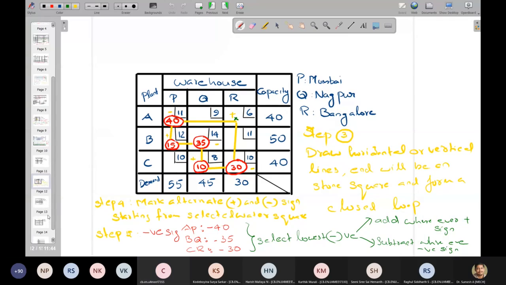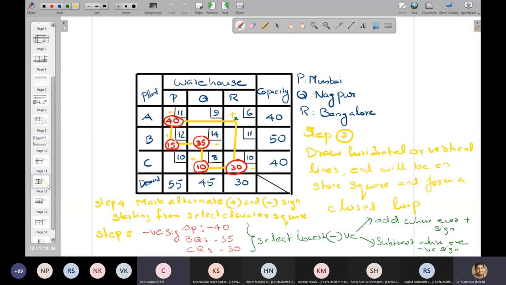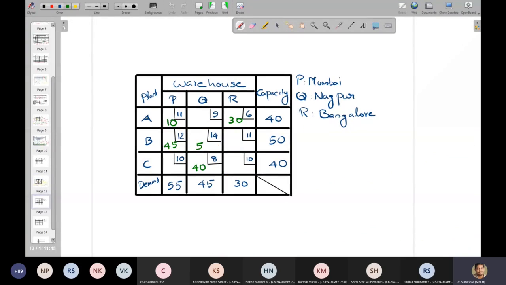CQ? 40. CQ becomes 40. And CR? CR is 0. So CR is 0. Now CR becomes a water square and AR becomes a stone square.